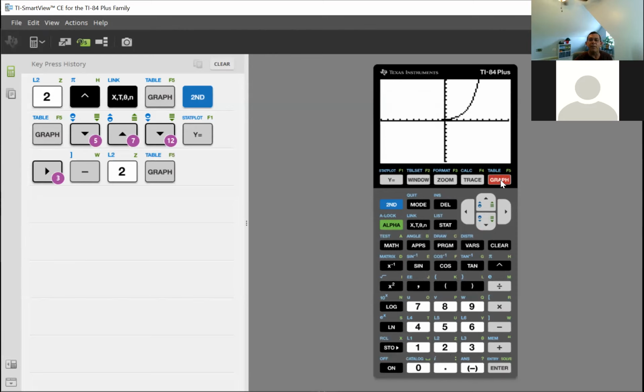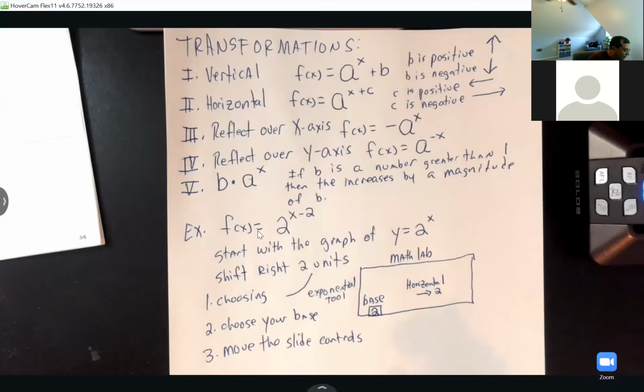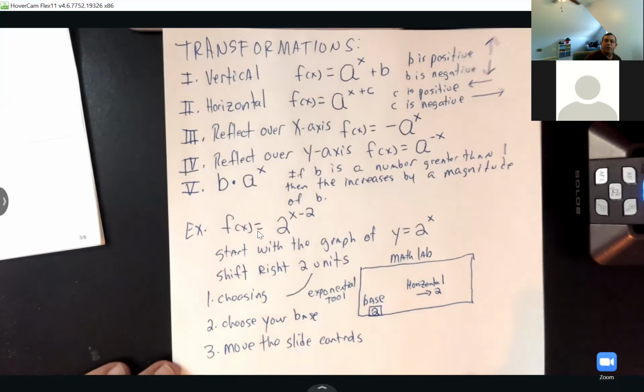So when I graph this, look how it went to the right on all the values. Okay, it's not actually crossing through the 0, 1 now since it shifted right. It's over here at about 2, 1 is now that point, okay? So they're not too bad once you get on that calculator. All right, so let me do some more of these moves for you.